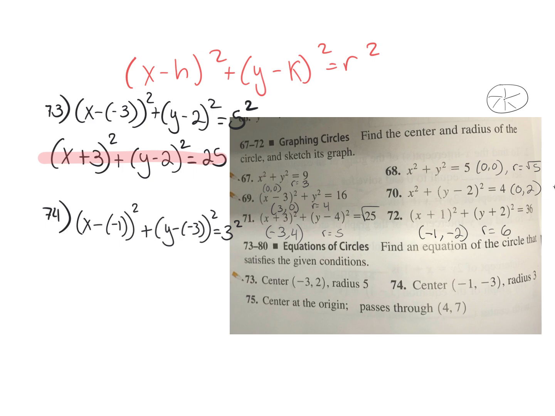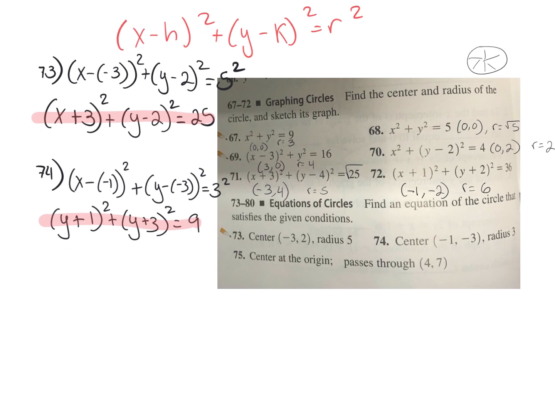I'm just doing it in case you prefer to, as that way you may not make as many silly mistakes. So you get x plus 1 squared plus y plus 3 squared equals 9. Again, this would be the final answer.